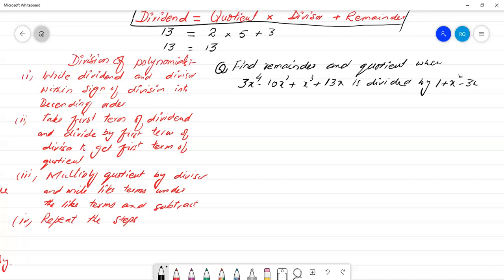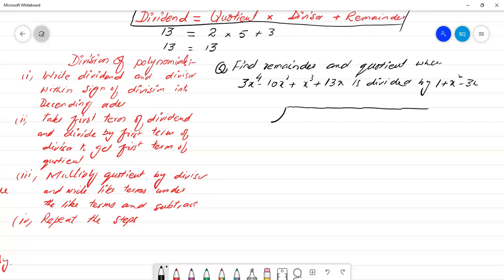After writing the steps, now we will solve one question according to these steps. And you have to listen very carefully.